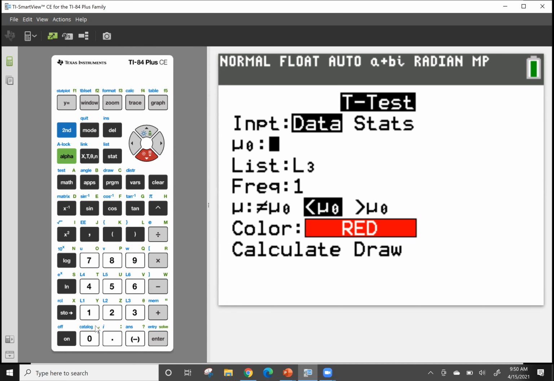So my mu sub 0 is 0. I'm going to use the list that I put my differences in, which was L3. I am interested in a less than test. So I'm looking at a left-tailed test because my alternative hypothesis was, is the difference less than 0? And I'm going to calculate.